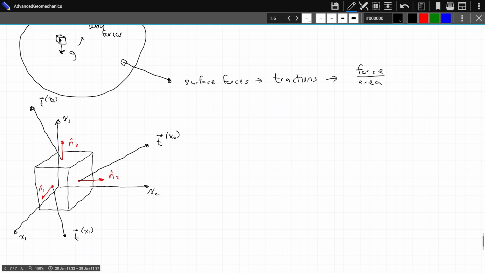Just to be clear, each of these traction vectors is a vector, right? So each of these has 3 components: T1 and the x1, T2 and the x2, T3 and the x3.